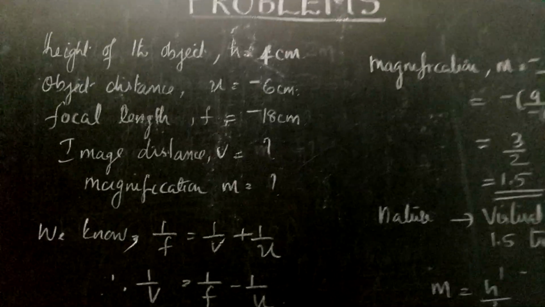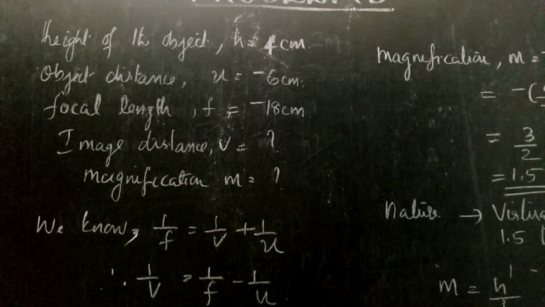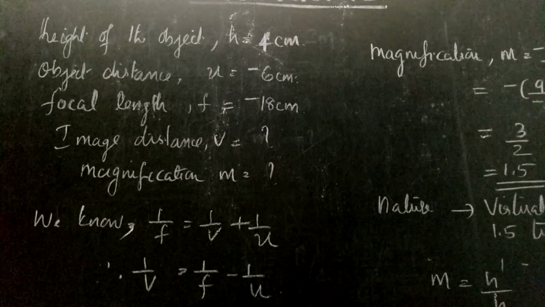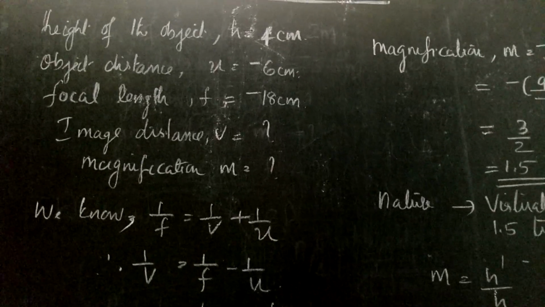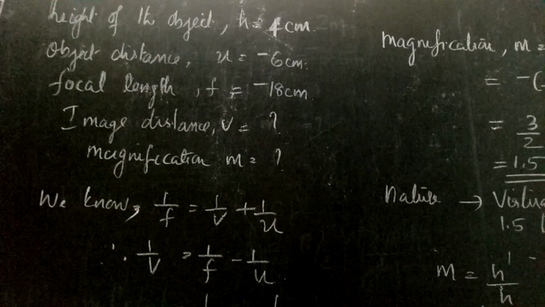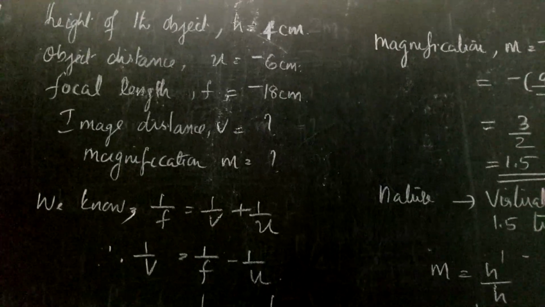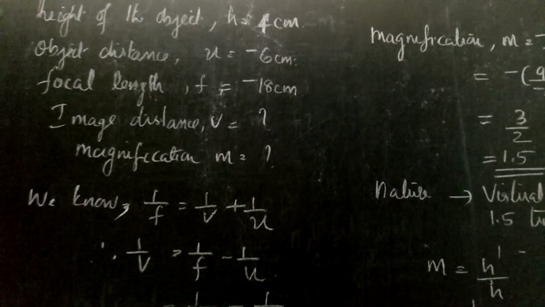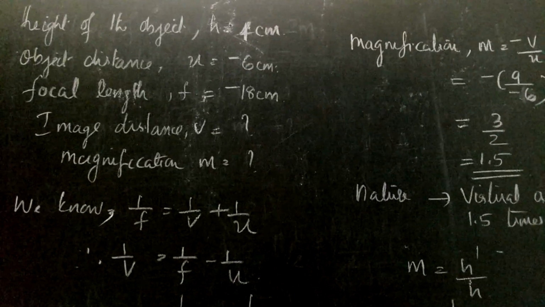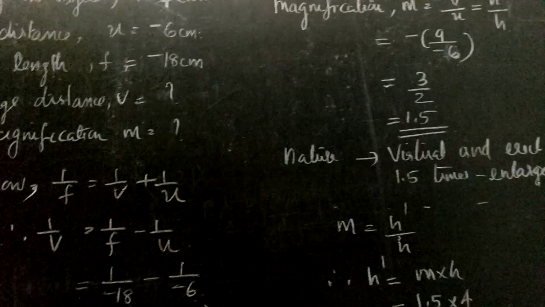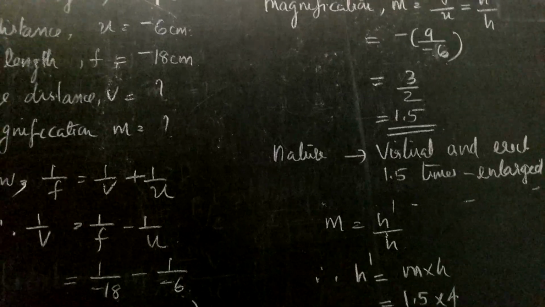Here height of the object is equal to 4 and object distance negative 6, focal length f 18 centimeter. So what will be the position? Focal length 18 means the object is between f and p, isn't it? Concave mirror produces virtual and erect image when the object is between f and p, because magnification is positive, so virtual and erect, isn't it?